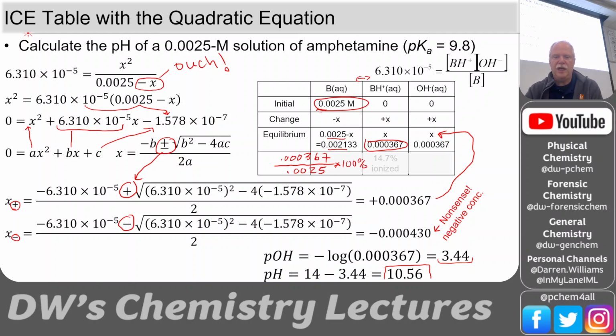And that would give us our percent ionized. So we're 14.7% ionized. So we have a tiny amount of base and 14% of it ionized because it's such a small amount. And water, just the pH balance of water would be enough to ionize that much of this base, even though it's a weak base.